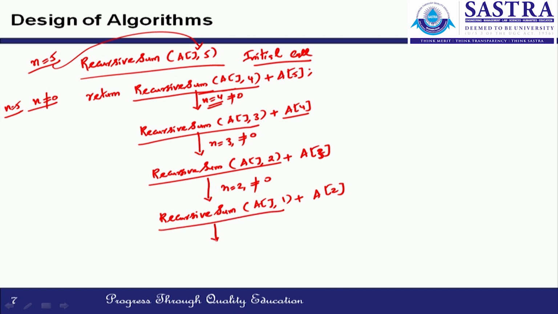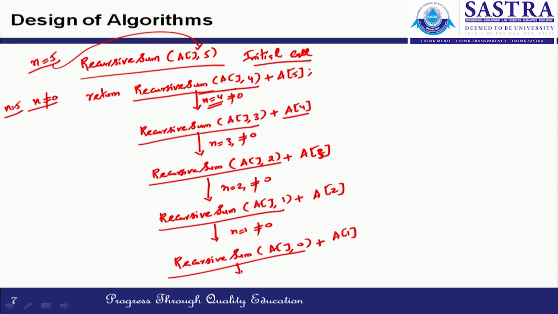Next stage, current n is 1, which is not equal to 0. This invokes next recursion, recursive sum A array comma 1 minus 1, 0, plus A1. Next, this invokes the next recursive call, same.